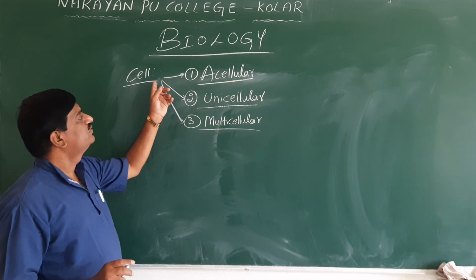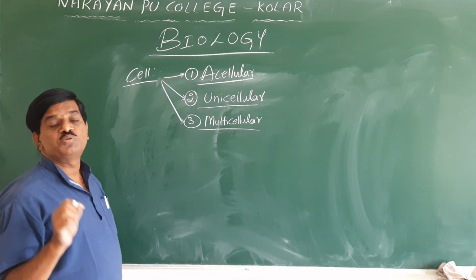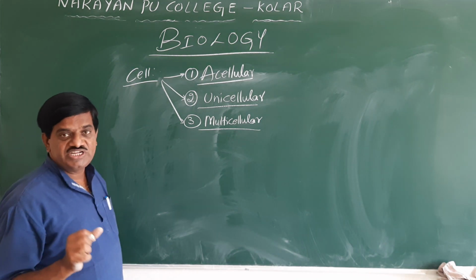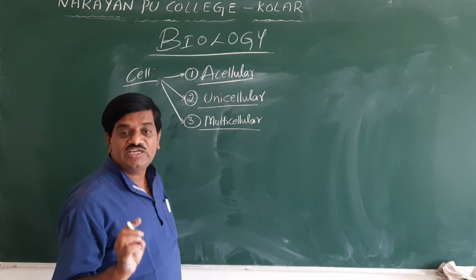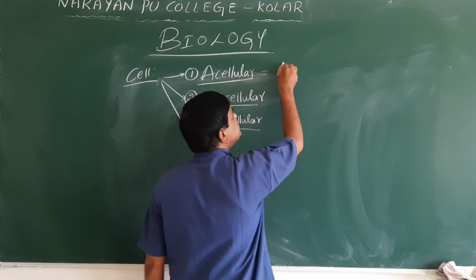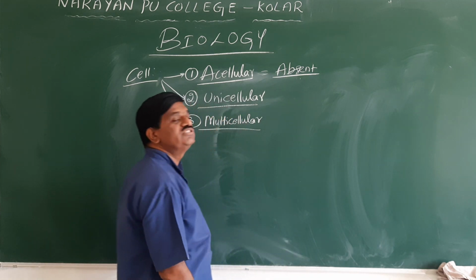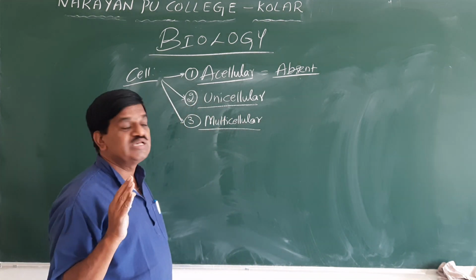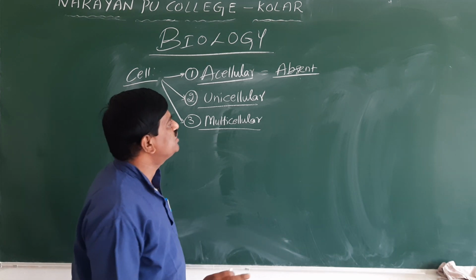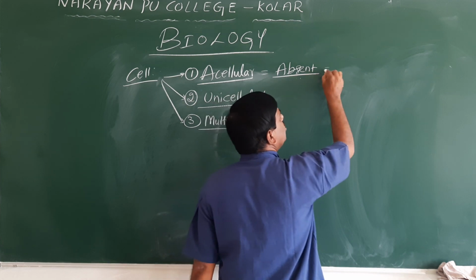As I defined, all living organisms must and should have a cell. Cell is the structural and functional unit of life. Here, the word acellular means the cell is absent. So, when we say life is there, cell is a must. Without cell, no living organisms are present.